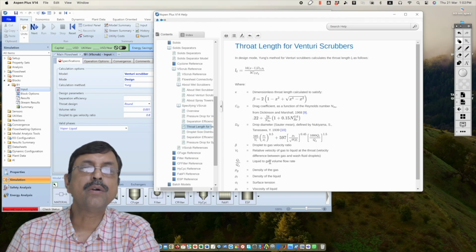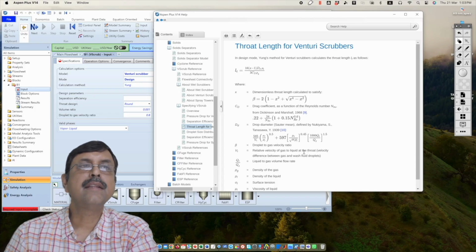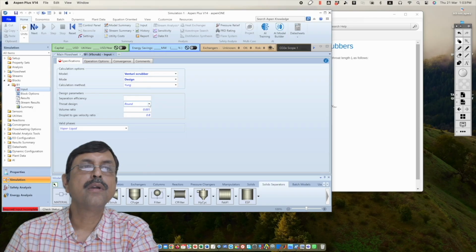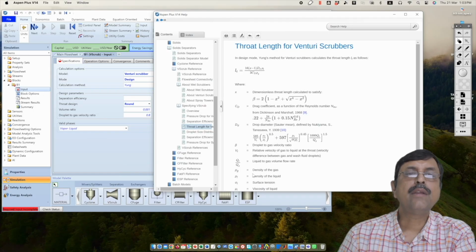And this ratio needs to be provided over here. That is the volumetric ratio. And all other things are known. You see, the VT is relative velocity of gas to liquid at the throat. Now, if you specify the throat over here, whether it is round shaped throat or annular gap or square or rectangular, you can see all other information like rho G, rho L, sigma L, the surface tension, mu L, the viscosity of the liquid.